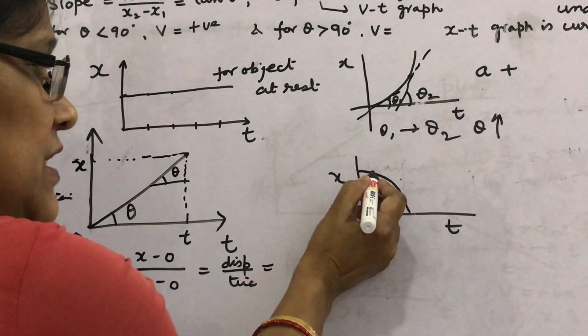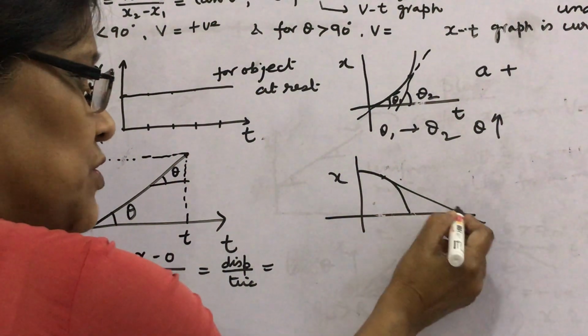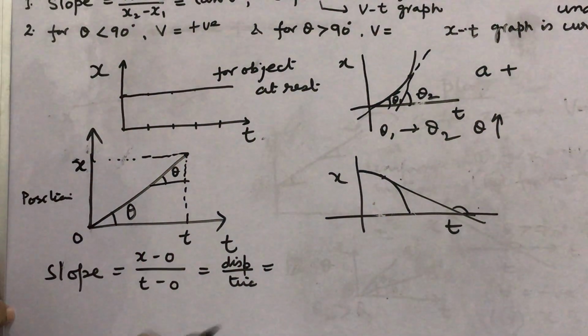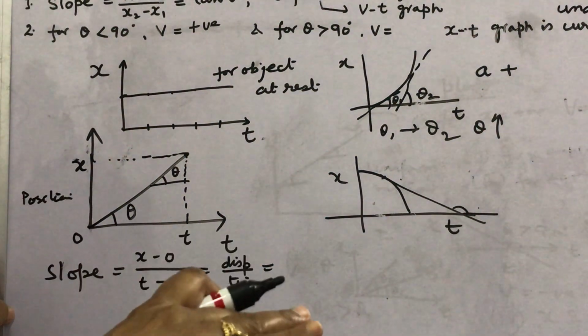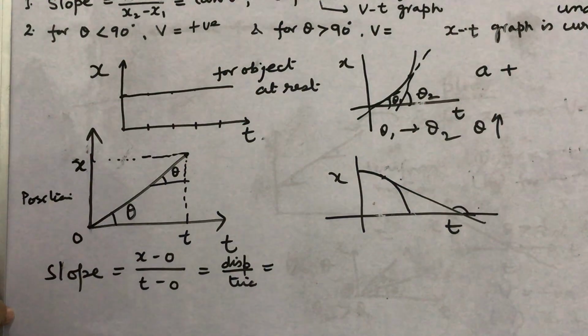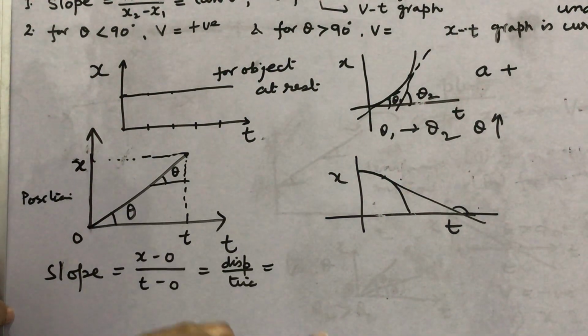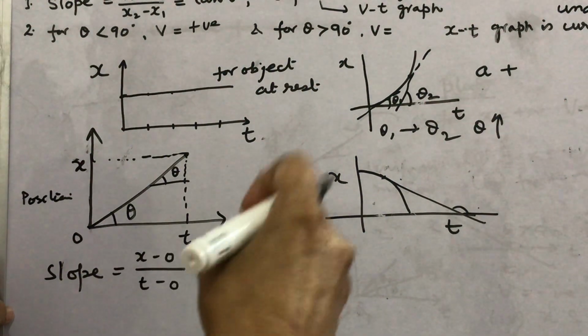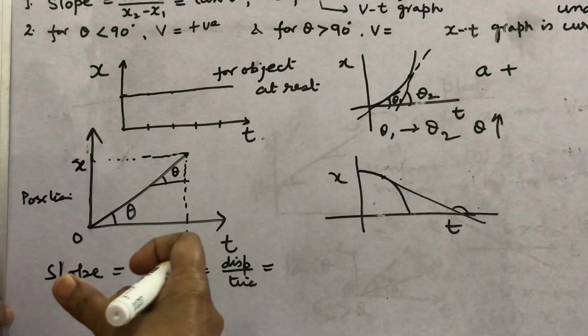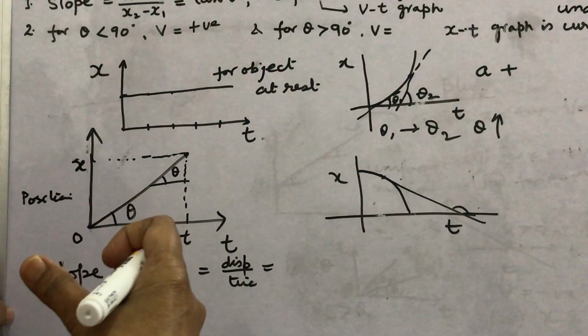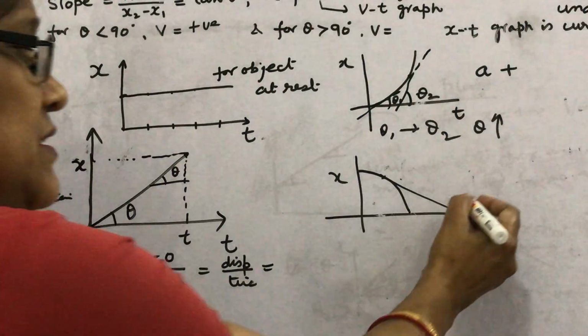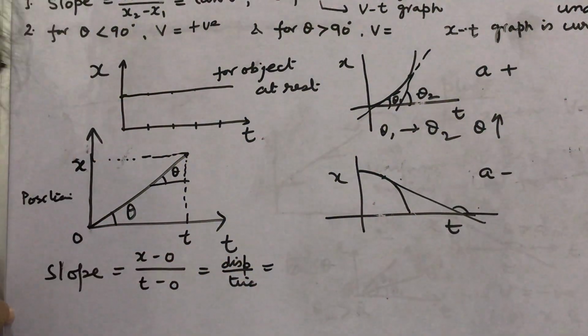You can see, suppose at this point, what is the slope, what is theta? More than 90. What I told earlier, more than 90 means negative velocity. Negative velocity means some force is opposing the motion of the body. That means the acceleration is negative.